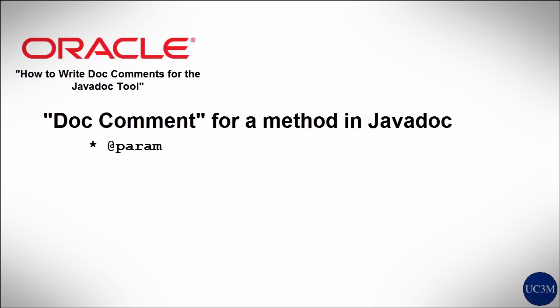@param describes an argument of a method, and it is mandatory for all the arguments of the method. The tag is always followed by the name of the argument. This name is always lowercase, and you are not allowed to bracket the name of the parameter between other tags. Then goes the description of the argument.